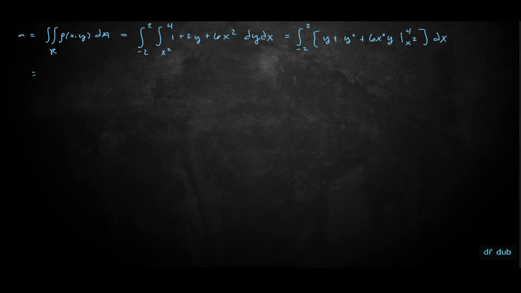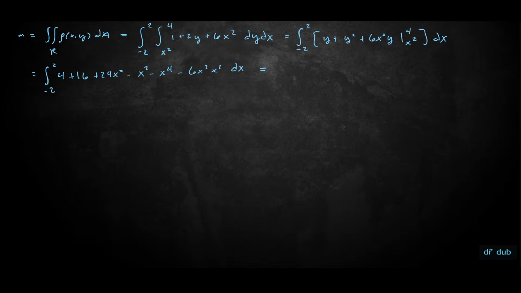That's the integral from negative 2 to 2. Plugging in the bounds, we get 4 plus 16 plus 24x squared minus x squared minus x to the 4 minus 6x squared times x squared, dx.